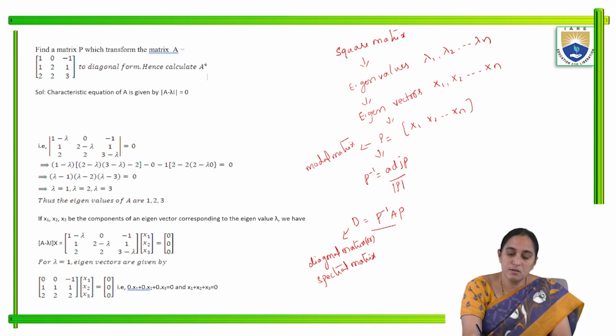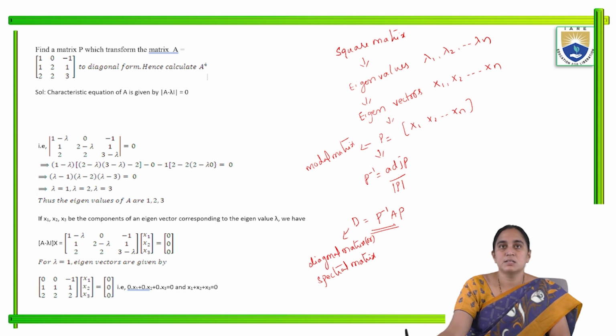This is the formula for the diagonalization of a matrix, the concept for reducing the given matrix to diagonal form.